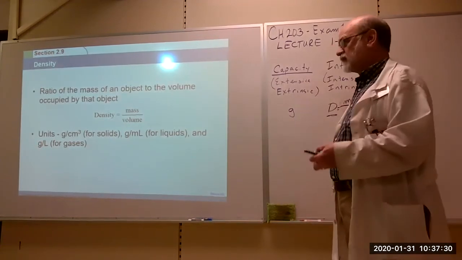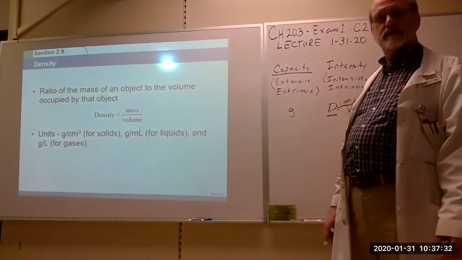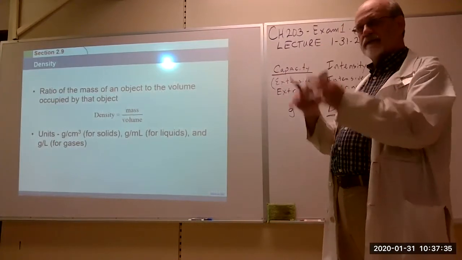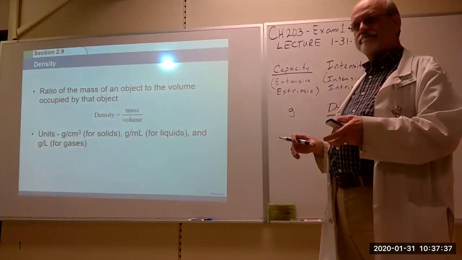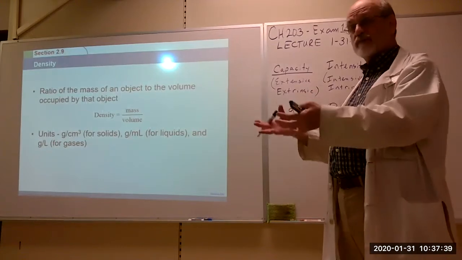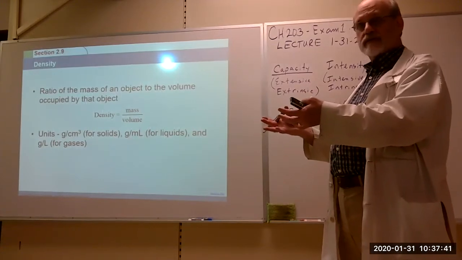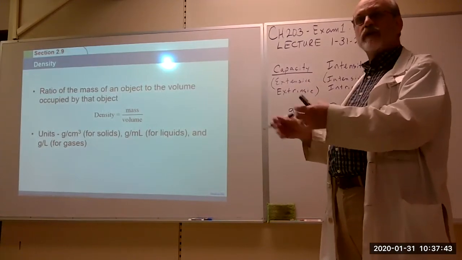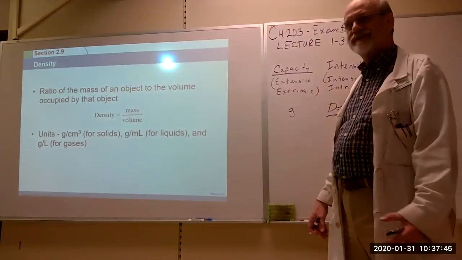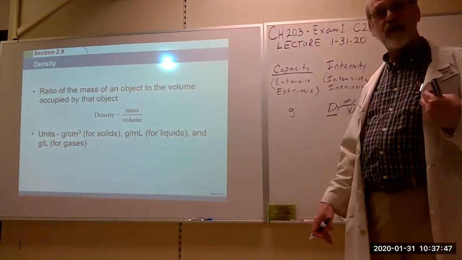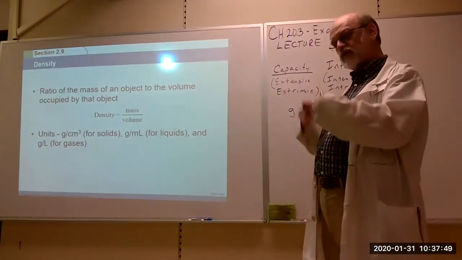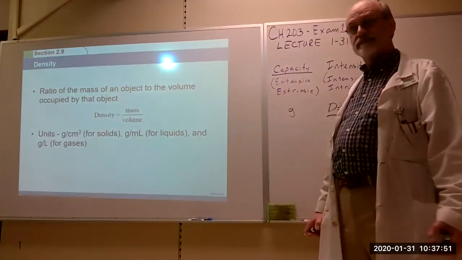And you can measure the density of a gas. You just have to confine it. And when you put it on your balance, what do you have to do first? You have to know how much your container weighs, so you can subtract it from the total weight, and that gives you what's contained within.